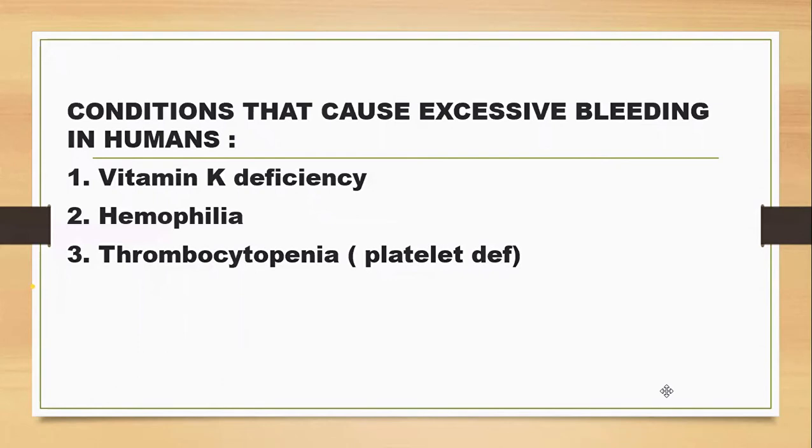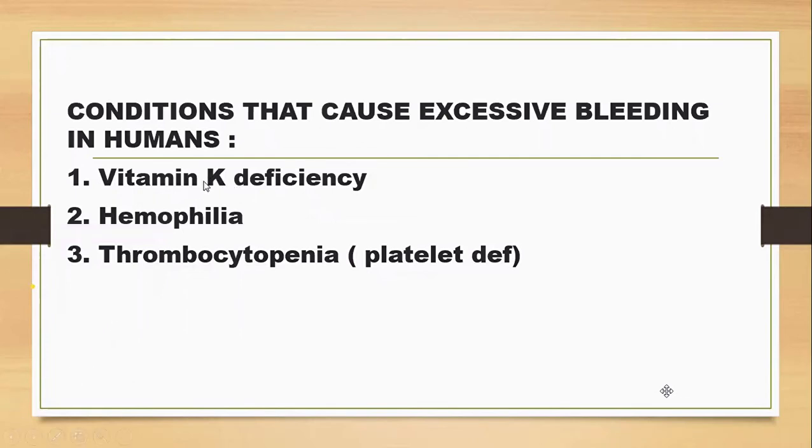So what happens if you have a child who is malnourished and has a liver condition or liver disease or some GI problem, because vitamin K is from the intestine.